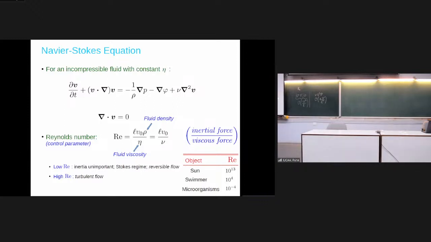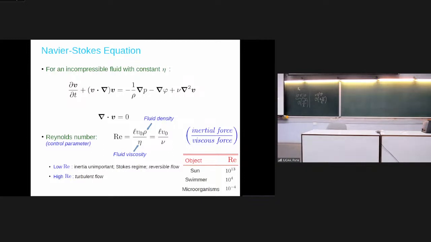So you can model the fluid in a completely independent setting or environment. It doesn't matter whether it's small or big. Scales drop out essentially, so long as the Reynolds number is the control parameter.